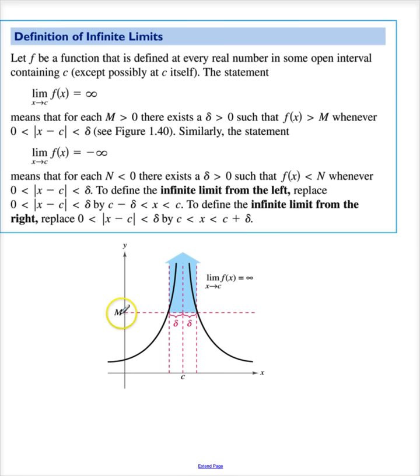If I pick a functional value m, and it doesn't matter what m is, no matter what m I pick, then if I get just a little bit closer to my point c, then I will wind up with a functional value greater than m. So it doesn't matter what m I pick, all I have to do is scooch closer to my point, and the functional value is larger than whatever number I pick.